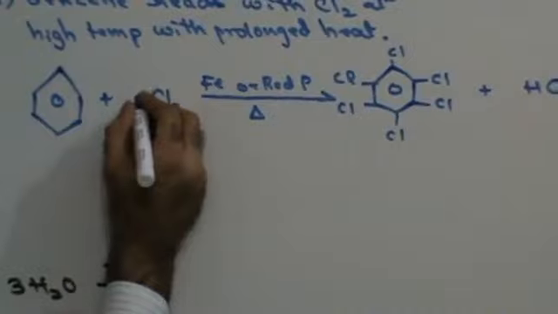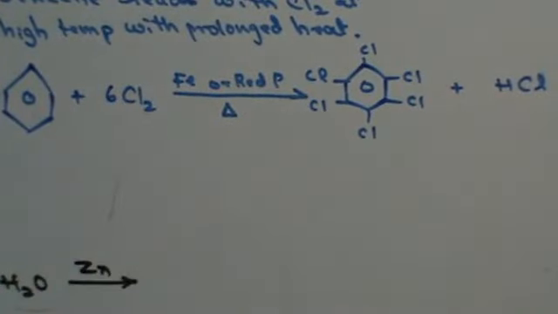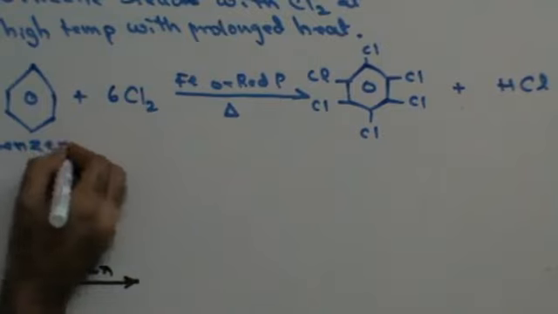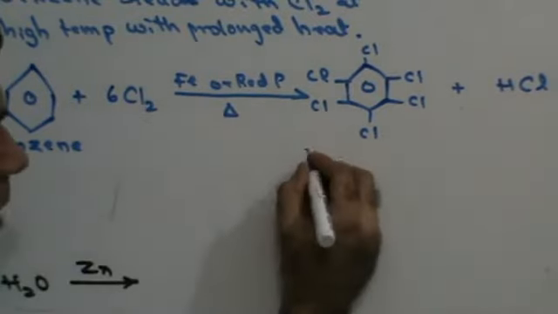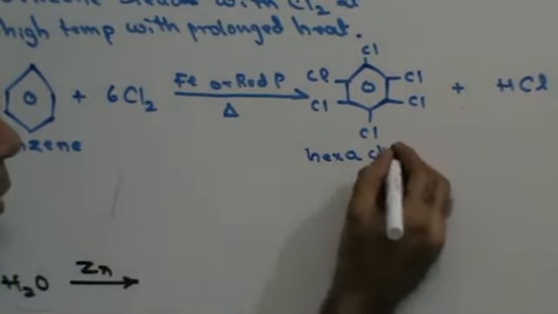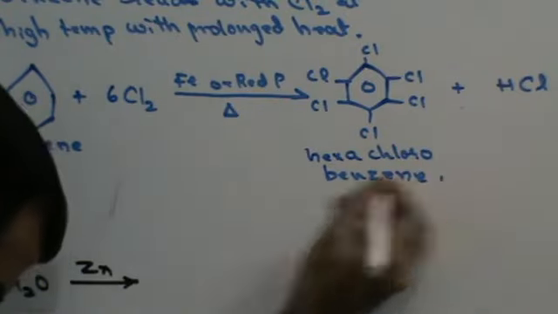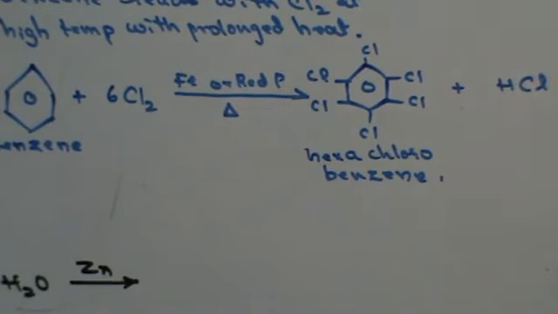I need 12 chlorines, so this is 6, and 6 hydrogens that have come out will come here. This compound is benzene, and this is 6 chlorine, so hexachlorobenzene, right? So what I'll get is hexachlorobenzene. So this is my halogenation reaction with benzene.